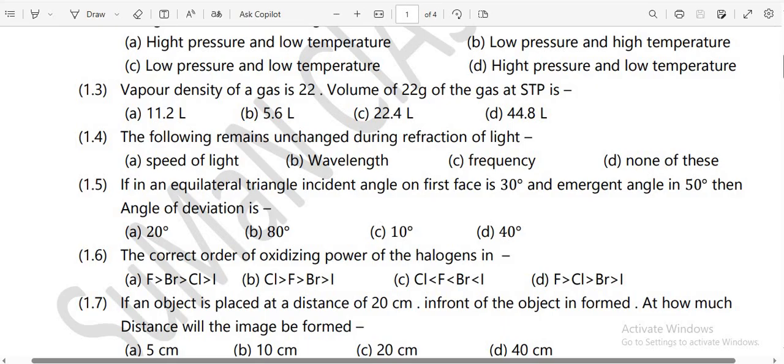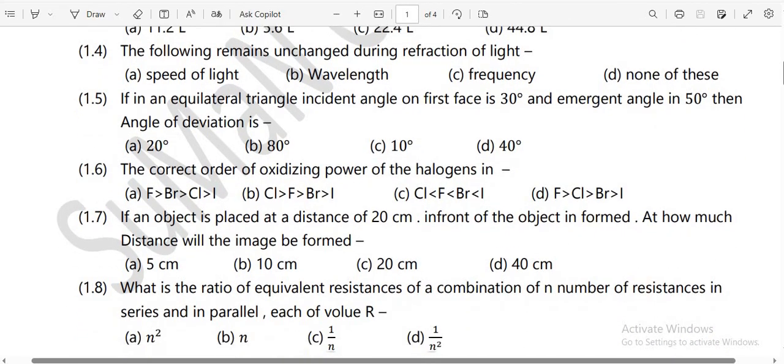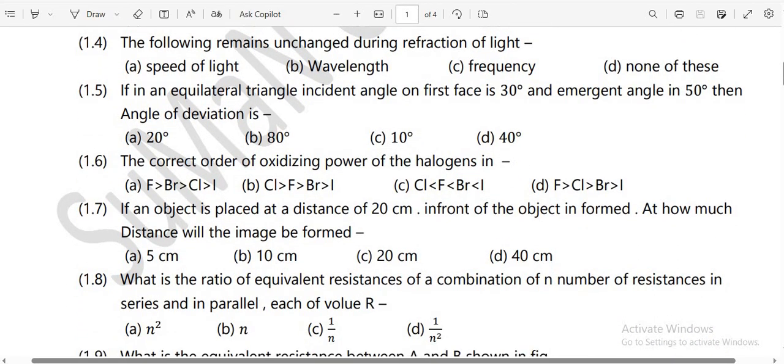Option A speed of light, option B wavelength, option C frequency, option D none of these. 1.5 If in an equilateral prism, incident angle on first face is 30 degree and emergent angle is 50 degree, then angle of deviation is option A 20 degree, option B 80 degree, option C 10 degree, option D 40 degree.